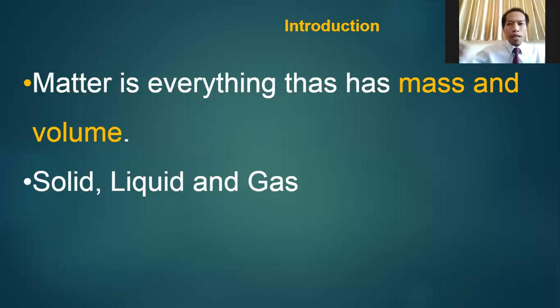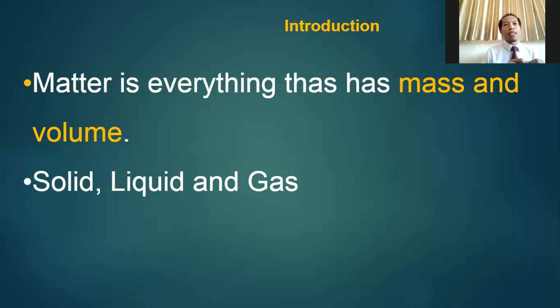Okay, for example, I have here my cup. My cup is a solid, so this is matter. Inside my cup, there is water, and it is a liquid, so it is matter. And when we are breathing now, we are using oxygen for breathing. So oxygen is a gas.